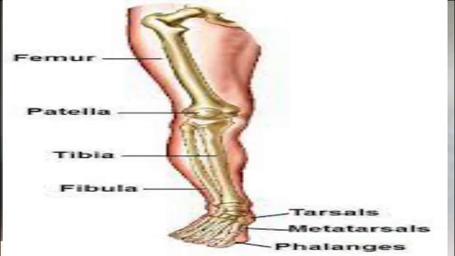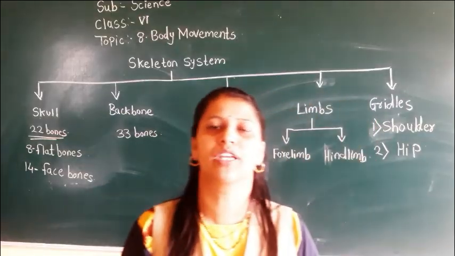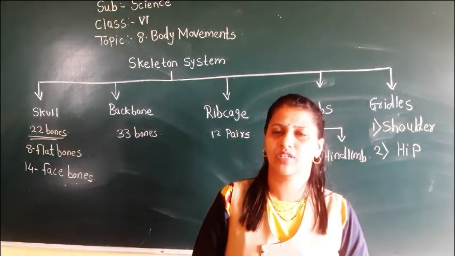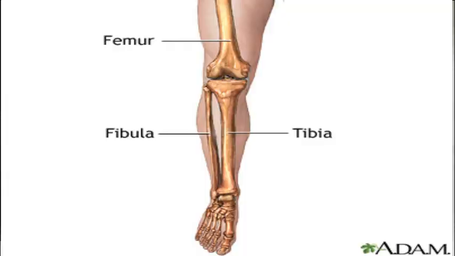Our upper leg has a bone that is called the femur, or the thigh bone, and this is the longest bone in our body. Our lower leg has two bones, that are called tibia and fibula. Are you getting this?